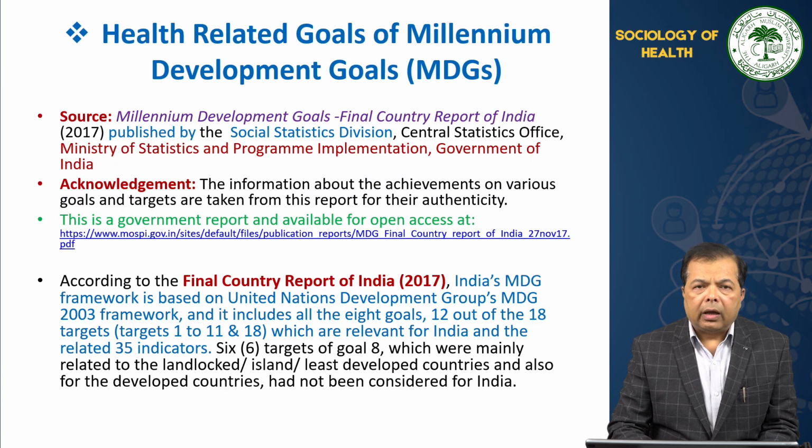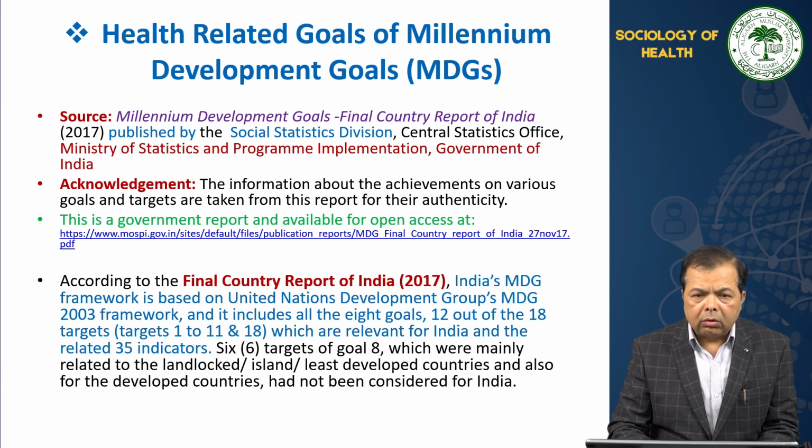Now, let me share with all of you that the topic that I have covered today is primarily based on government data. Because when we talk about the achievements, the only valid source of data is the data provided by the government. So all the 3 goals, when we talk about the achievements, we will take evidences from the government data only.